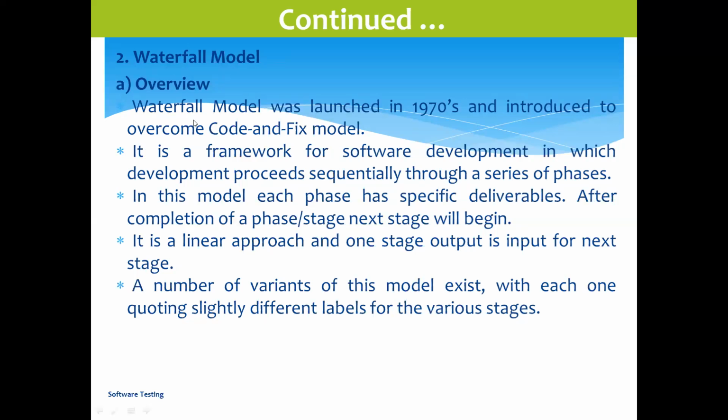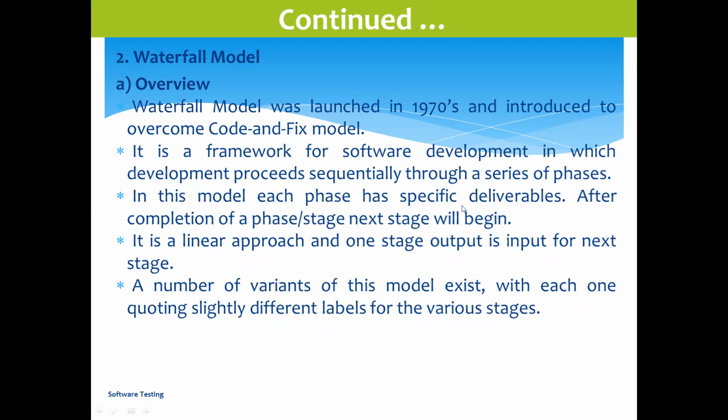That's why the waterfall model came. In this waterfall model, all the phases which we discussed are covered, from requirement analysis up to maintenance and support. All these phases are involved in the waterfall model.